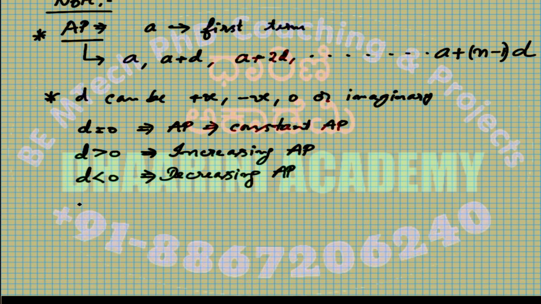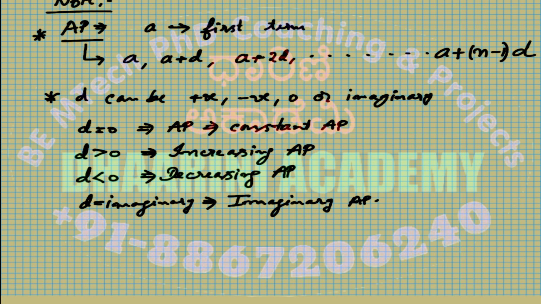Then we have D as imaginary. If D becomes imaginary, the AP is also going to be imaginary, so we call that an imaginary arithmetic progression.